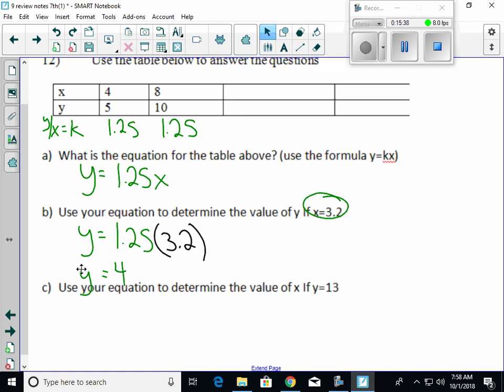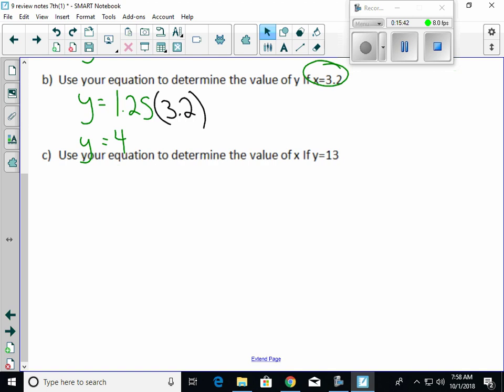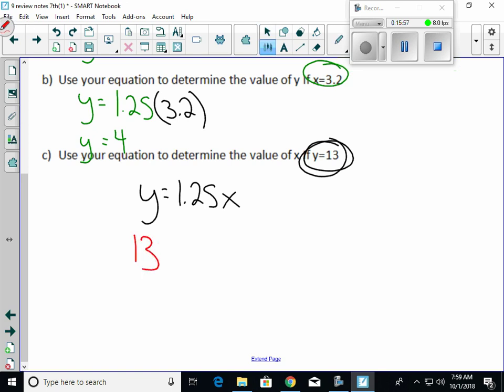Okay, and the last part, let me rewrite my equation because I'm running out of space. Y equals 1.25x. The last part says, well, what if y is 13? Okay, so I'm going to put that underneath the y. Where the y was, I'm going to have a 13.